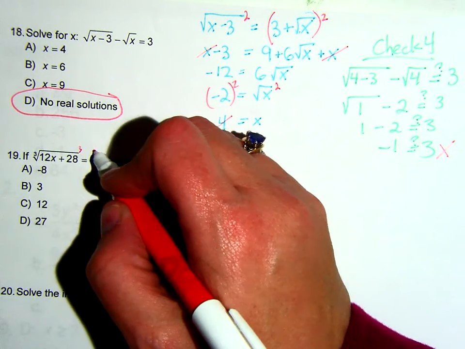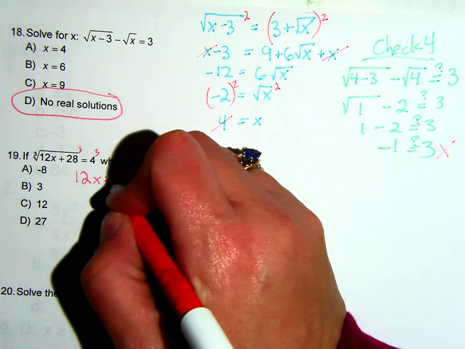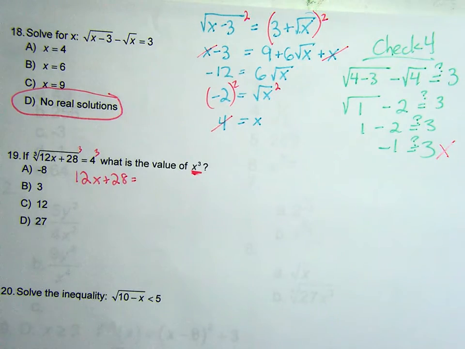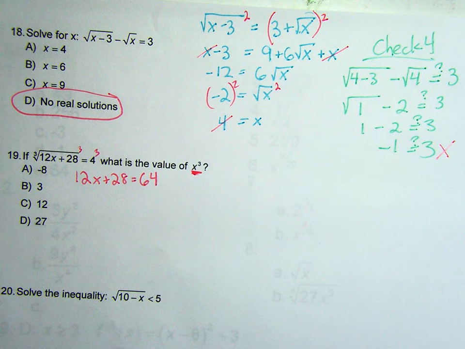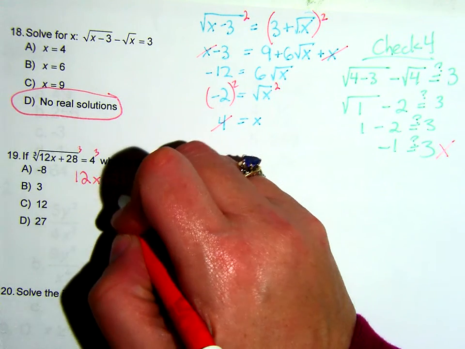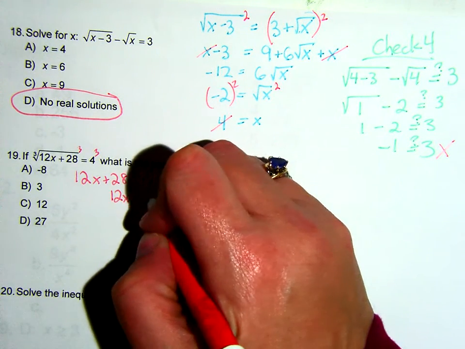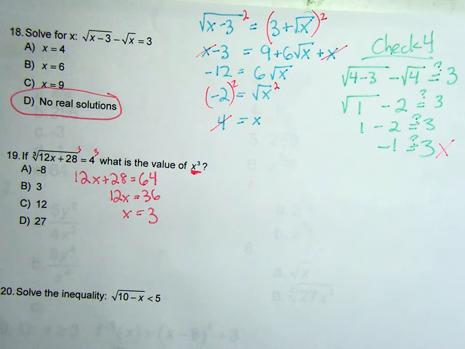I cube both sides. So I get 12x plus 28 equals 4 cubed is 64. It's now algebra, so we go ahead and solve that. Move the 28 to the other side, we get 12x equals 36. Divide by 12, so x equals 3.